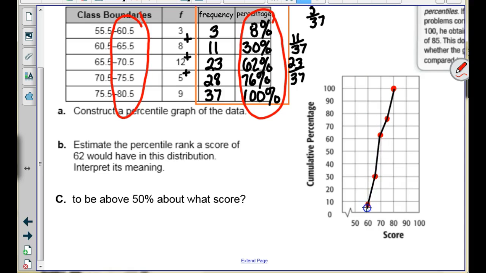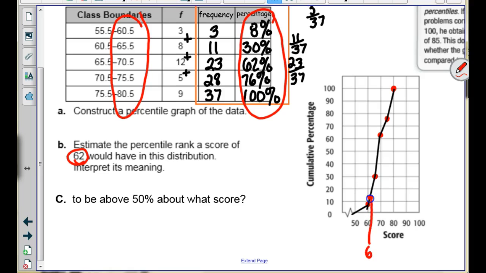So the scores are pretty closely bunched. We could just do that if we wanted at the end, but it doesn't really matter. The question they gave said, estimate the percentile rank of somebody who got a 62. So you can only say, Mom, I got a 62, but at least that's at what percent? So the score of a 62 would be somewhere in here maybe.